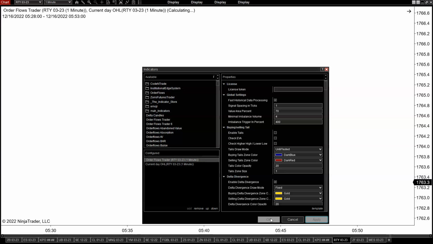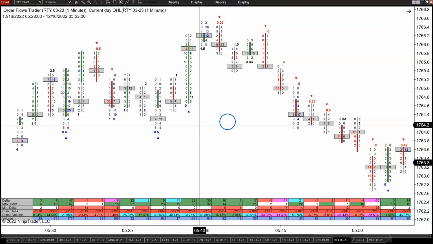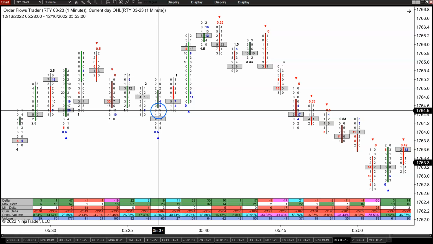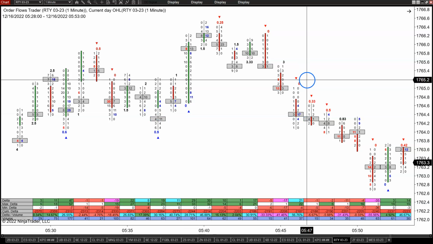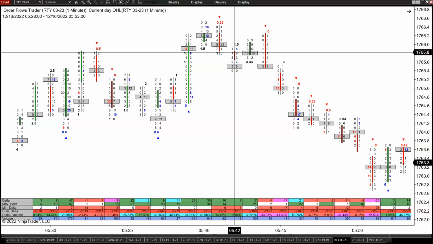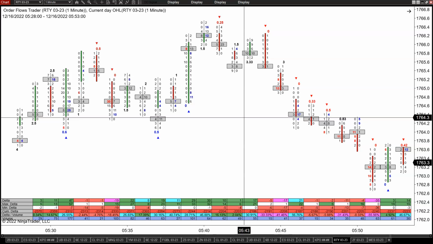There's going to be more imbalances, right? But it's not about having more. It's about understanding really what's going on in the market. I'm not really concerned. Yeah, I've got imbalances here: 0 against 4, 0 against 4, 1 against 4, 1 against 4. But that's not really helping me, right? You want to be looking for imbalances on solid volume. I don't want to say a lot of volume, but solid volumes.